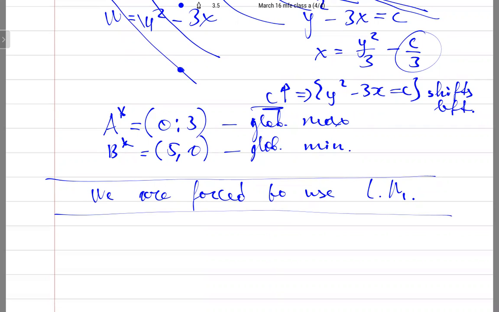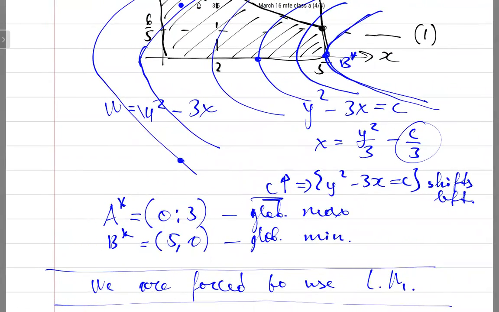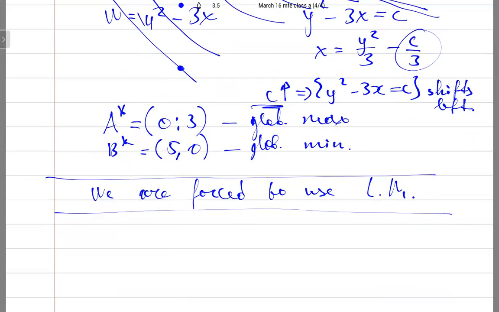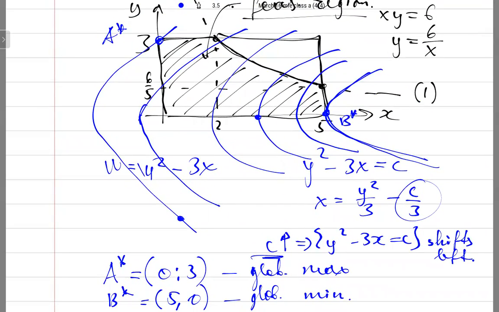Okay, so what can we do? We know from the plot, and I can use the plot, that's not a problem. From the plot, I conclude that this inequality is never active. So how many inequalities do I have?